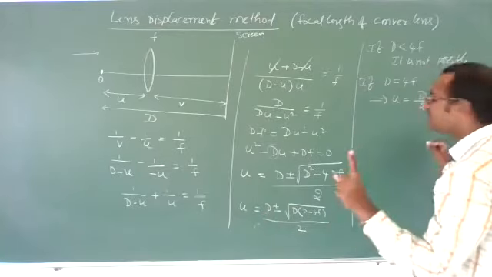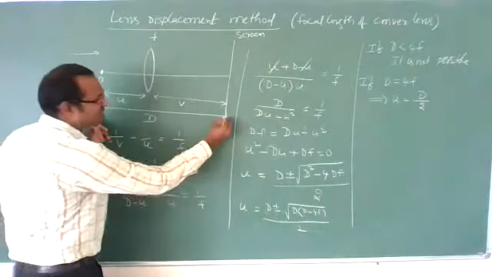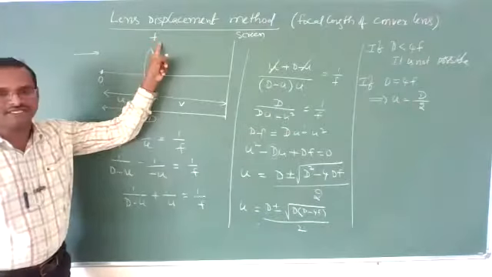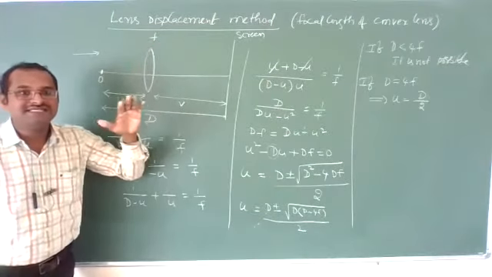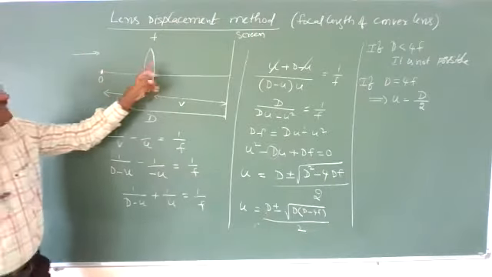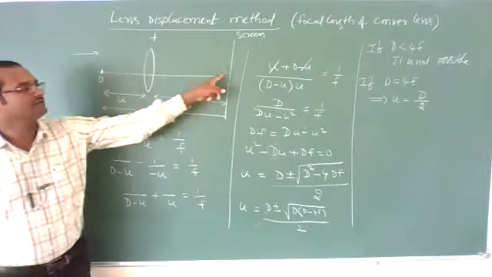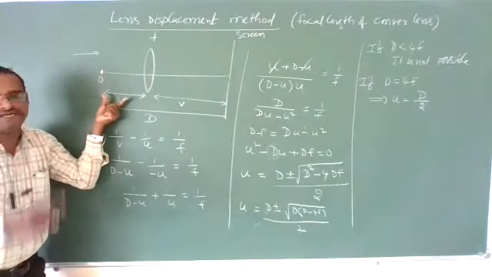Here only one possible situation is present. If you keep capital D equal to 4 times the focal length, you can get the image only one particular time, because you are getting only one object distance.